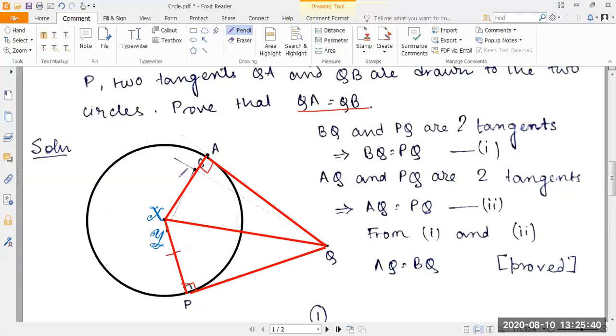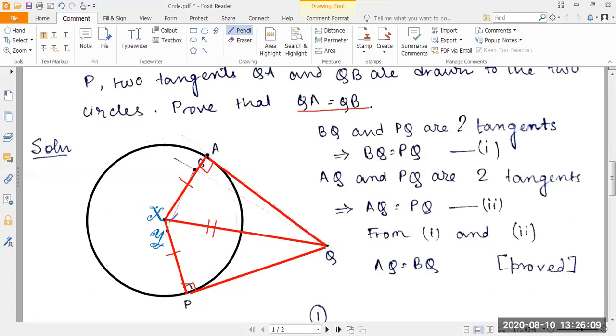XP and XA are radii of the same circle, which means XP is equal to XA. And this line segment XQ is common for both triangles. So we can consider these two triangles to be congruent to each other.